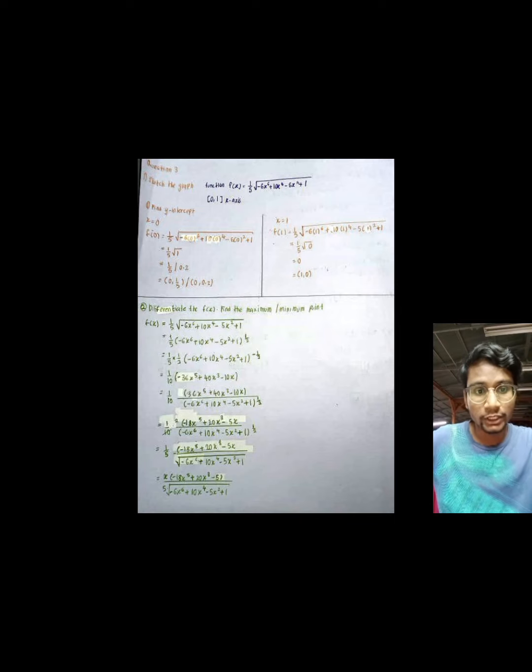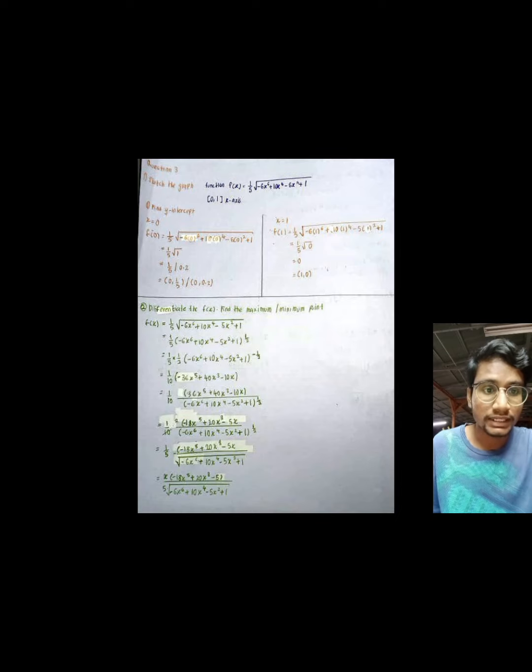After that, we need to differentiate f(x) to find the minimum and maximum points. First, we take the given function: f(x) = 1/5 √(-6x^6 + 10x^4 - 5x^2 + 1).